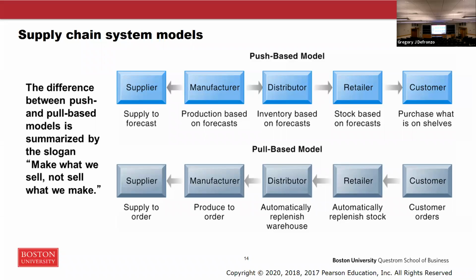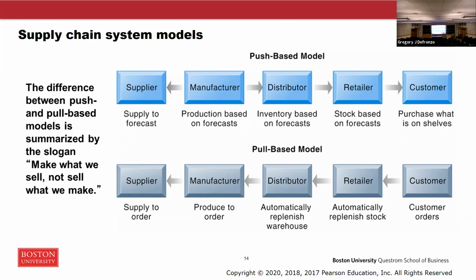And when that goes down from a quantity of 10 or 15, whatever is appropriate, an automatic reorder is generated. That's a push-based, right? Because you're constantly trying to keep stock available at a certain level.